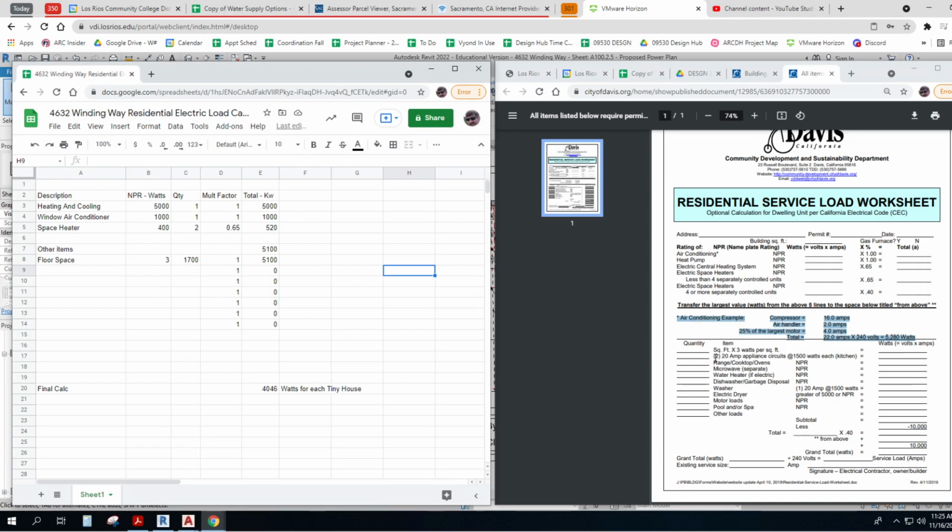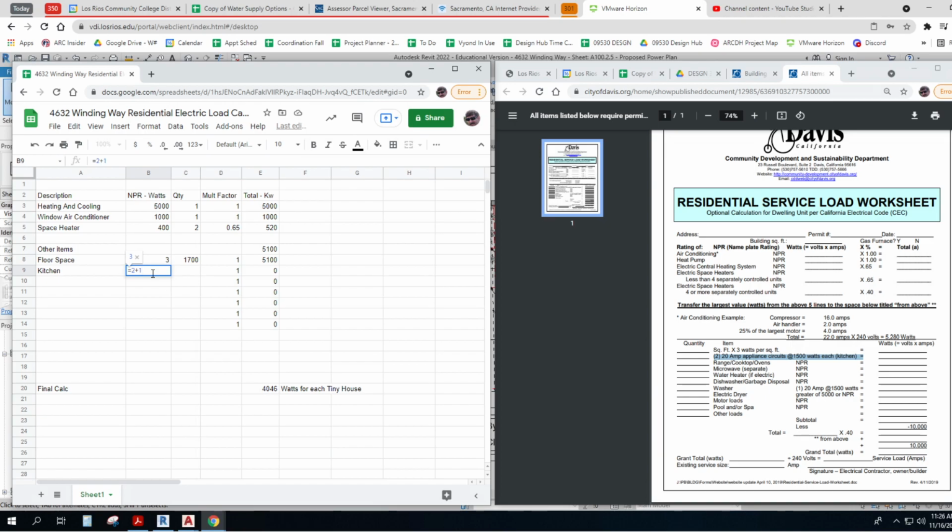The next one is for a kitchen. 2 20-amp circuits at 1,500. So this is going to be kitchen, and I'm going to have 2 for the residence. Plus, I think you only need 1 kitchen circuit for a tiny house.